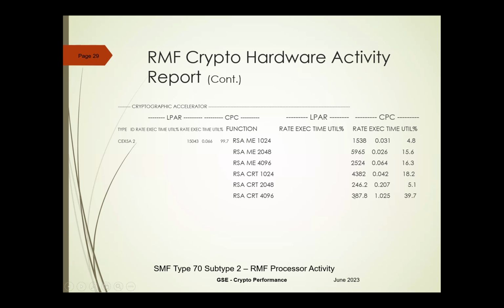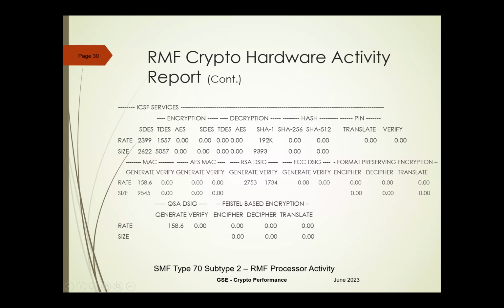And we can see the breakdown of the workload. If we had this information for the coprocessor, that might give us a clue as to when it would be worth considering converting a coprocessor to an accelerator. But unfortunately, this information is only available on the accelerator.